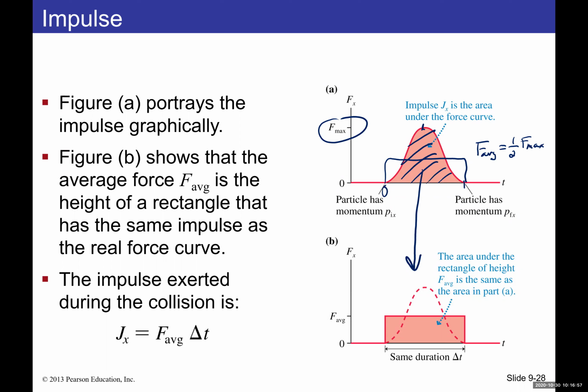So instead of using f as a function of time, I can take half of the maximum force to be f average, and say that during this entire time the force was constant and equal to the average force. Because if f average is constant during the entire time, then it simply becomes f average times delta t.